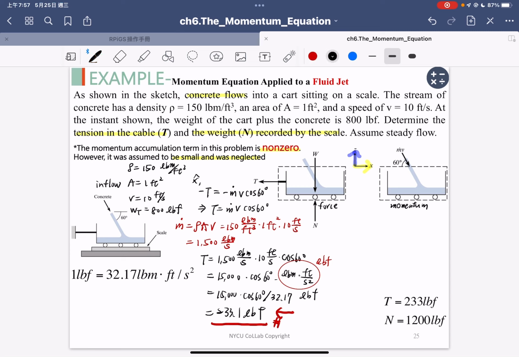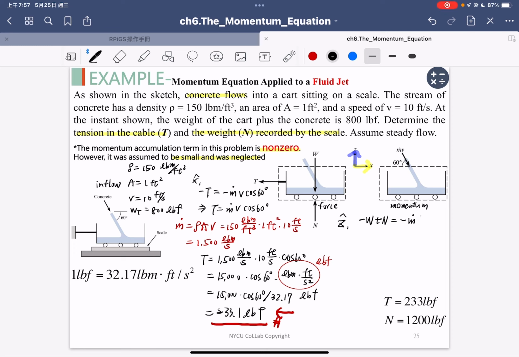Second, we focus on the vertical direction because we need to answer the weight recorded by the scale. Along the z direction, we have minus weight plus the normal force N, and because this is the inflow, we have a minus mass flow rate.